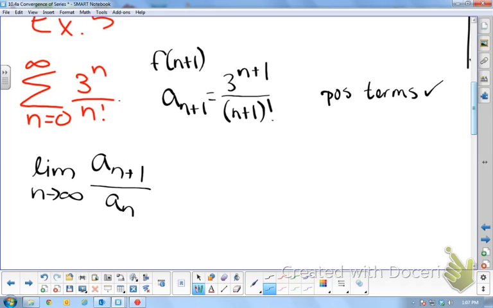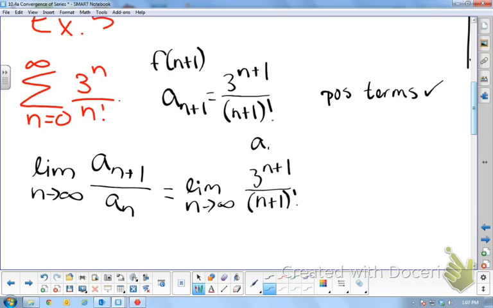But a lot of the time when we use this test, we already have a fraction. So when I do this, instead of writing a fraction over a fraction, I'm going to write a sub n plus 1 first. So here's my a sub n plus 1. And when I divide it by a sub n, I'm going to automatically flip it.